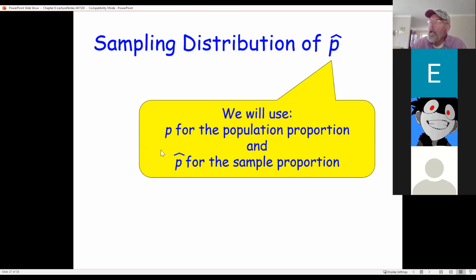P actually represents the population proportion, and P hat is the statistic that goes along with that. So here is the parameter for a population proportion, and here is the statistic for the sample proportion. So try to keep this notation clear.